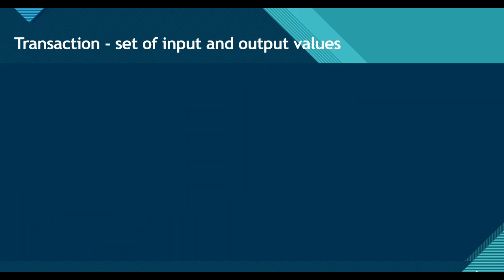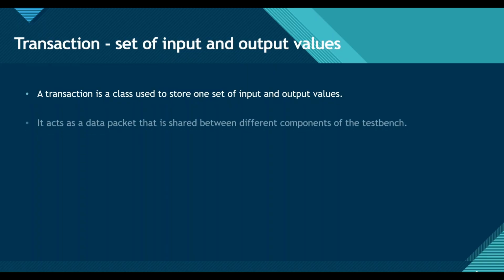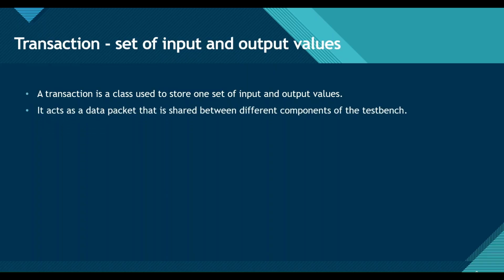In this slide, I will explain the transaction. A transaction is a set of input and output values. Basically, a transaction is a class used to store one set of input and output values. It acts as a data packet that is shared between different components of the testbench.